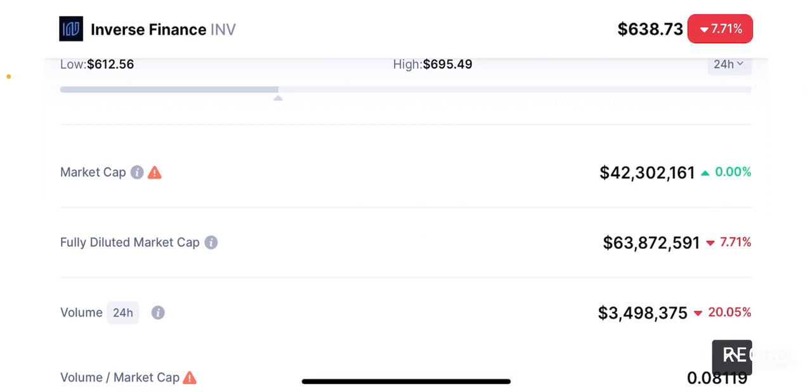When it comes to market cap, this token has a very small market cap, but at the same time, you can't really trust the number on CoinMarketCap because they do have this triangle warning symbol here, which means that this token could probably be somewhere between 40 to 60 or 70 million dollars in market cap at any given time. But since this token is shrinking in its market cap and it's dumping, I think the market cap is probably somewhere between 35 to 45 million dollars.